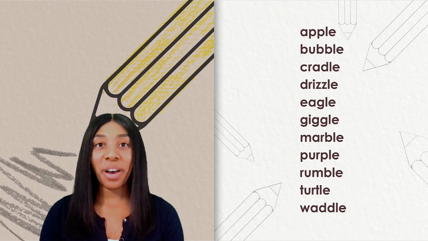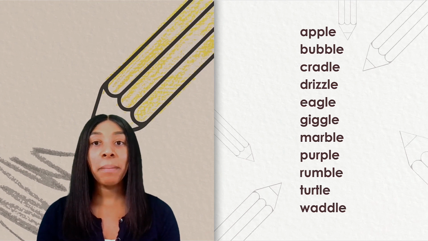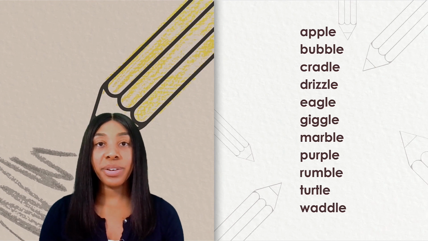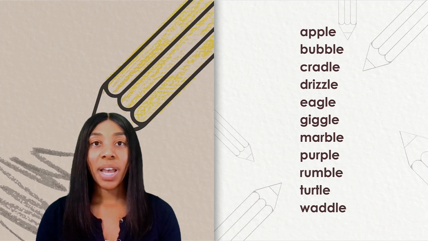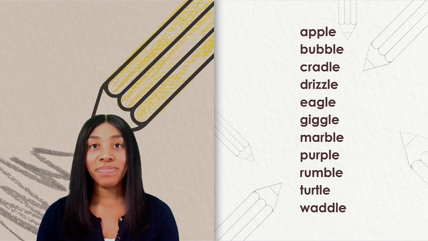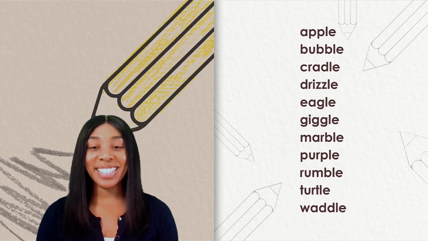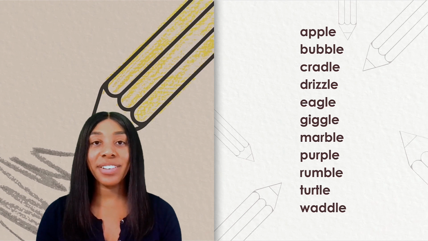Here are words that can help. The first one is apple, then bubble, cradle, drizzle, eagle, giggle, marble, purple, rumble, turtle, waddle. I look forward to hearing your silly sentence. Don't forget 3 words that have a consonant LE syllable.